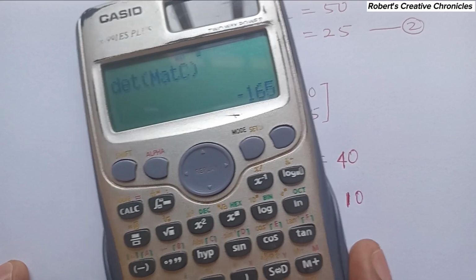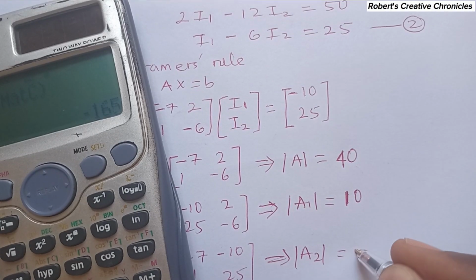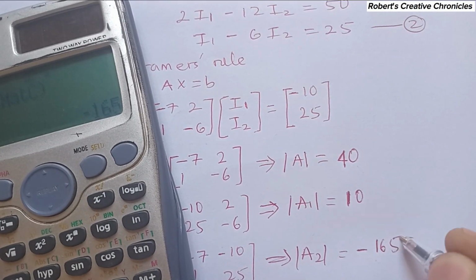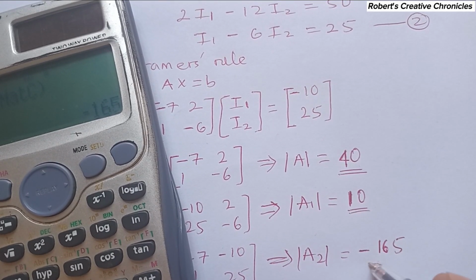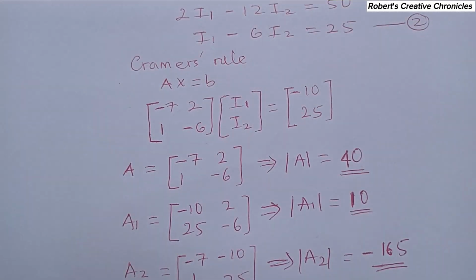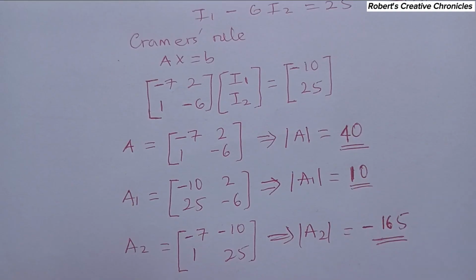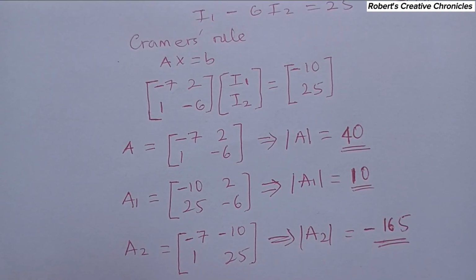No, this one is -165. So it's -165. So these are the 3 determinants.